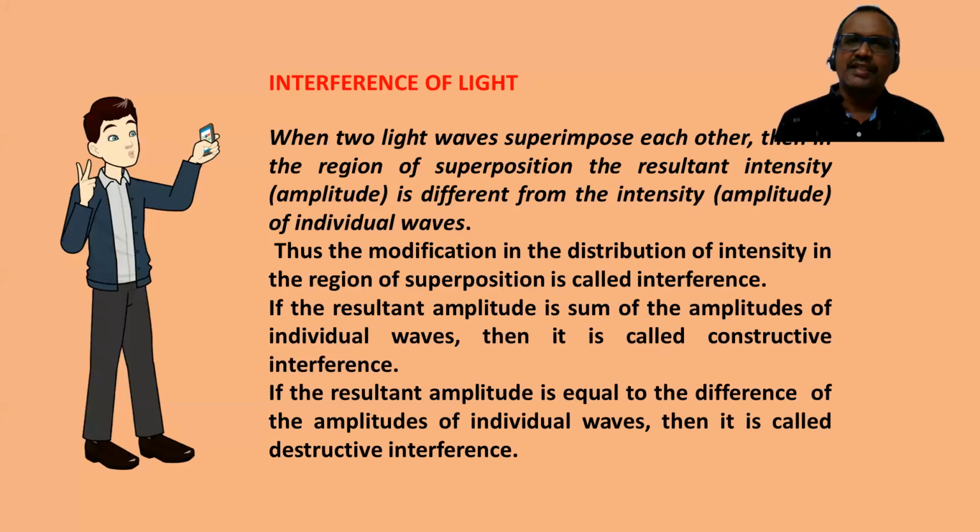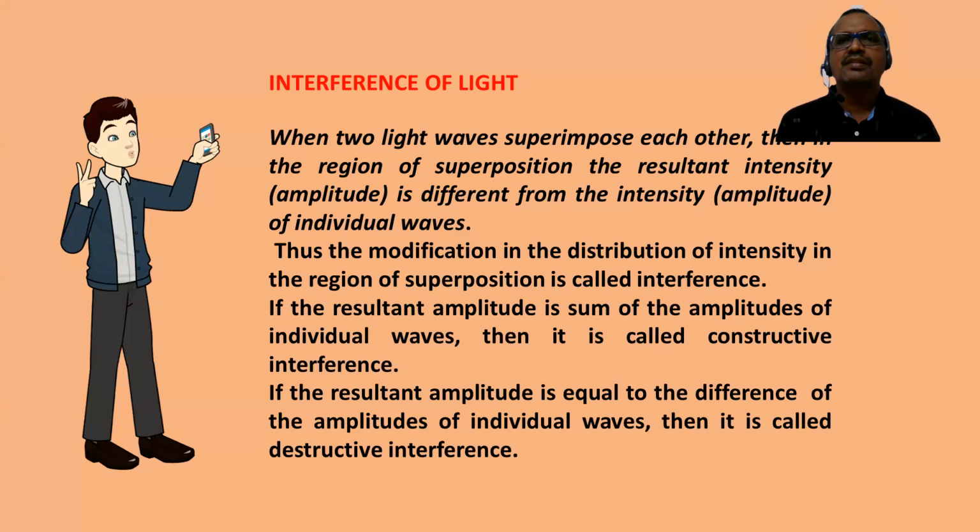Now, what is interference of light? Interference, as we discussed, is when two light waves superimpose each other. Then in the region of superposition, the resultant intensity or amplitude is different from the intensity of individual waves.